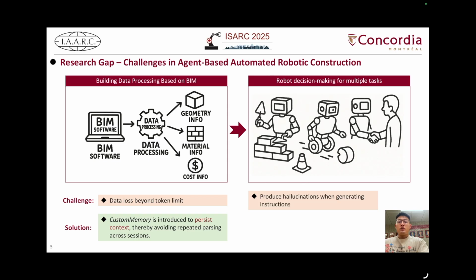Second, the agent may create hallucinations when generating robot commands, which is a known issue for the large language model. To reduce this risk, we have built a toolbox of well-defined functions for the large language model to call. So next, I will explain the memory module and the toolbox in detail.